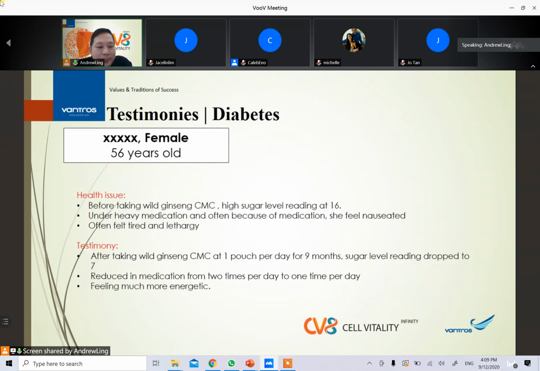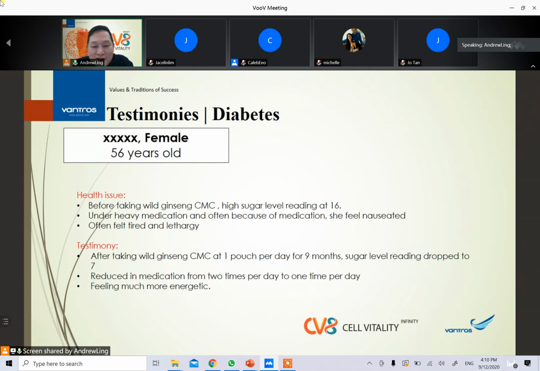And diabetes as well. This particular test subject is 56 years old. Before taking this CMC, her sugar level was as high as 16, under a lot of medications, and because of the medications she always felt discomfort. People who take medication tend to feel very tired and lethargic.